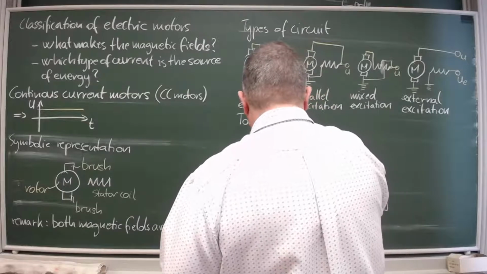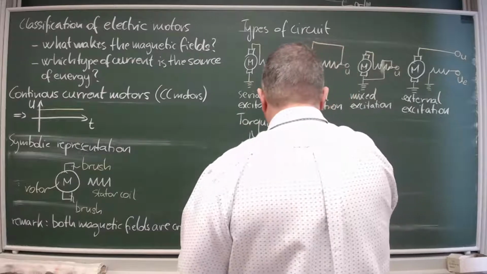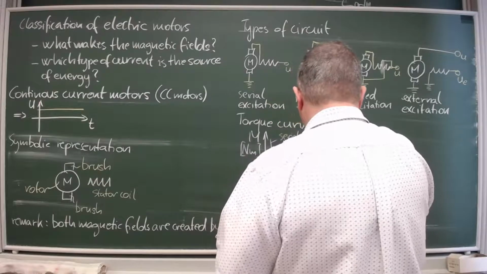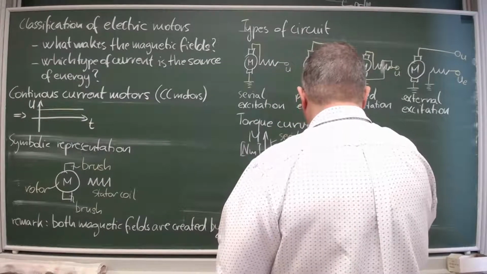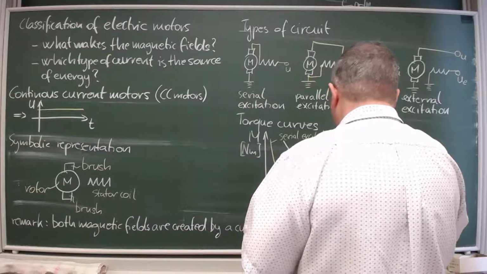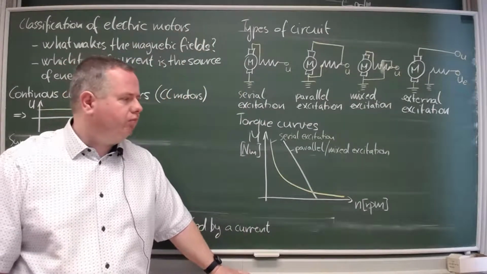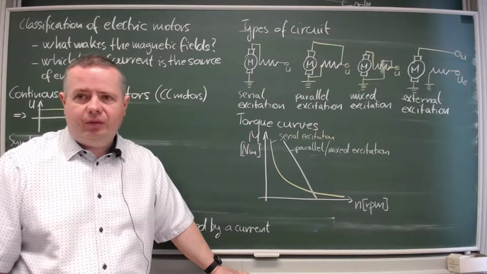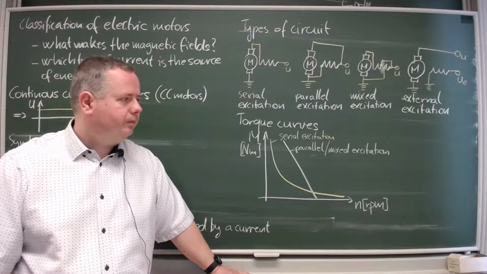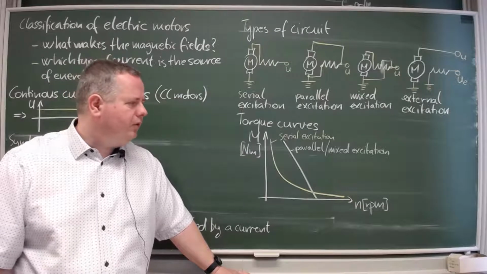And we have a curve like this for parallel or mixed excitation. Okay? These are the typical shapes of torque versus RPM curves. Okay? What do you see on these curves?